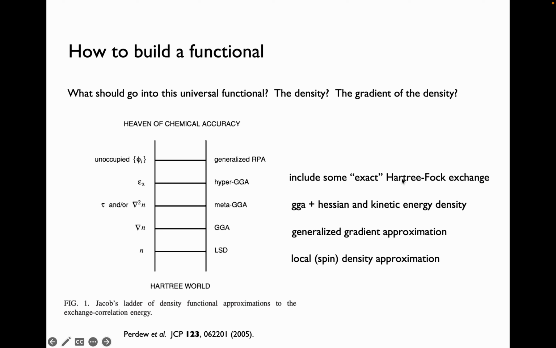It essentially arises from the anti-symmetry of the Hartree-Fock wave function, which creates these kinds of holes called Fermi holes, which are regions of space where two same spin electrons cannot simultaneously occupy. Okay, so Hartree-Fock actually captures that exactly, and it's quite difficult to build density functionals that capture that exactly. So people have come up with some ways to include some of the features of this Hartree-Fock exchange into their density functional theory.